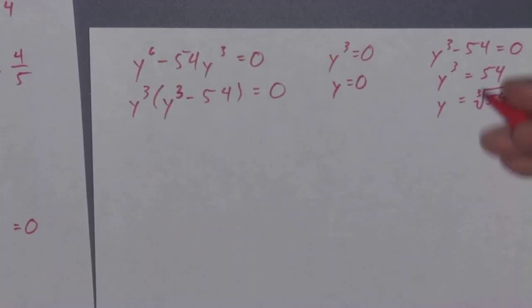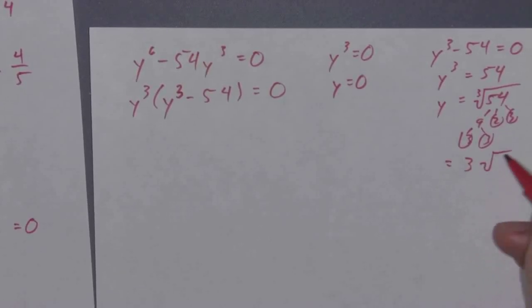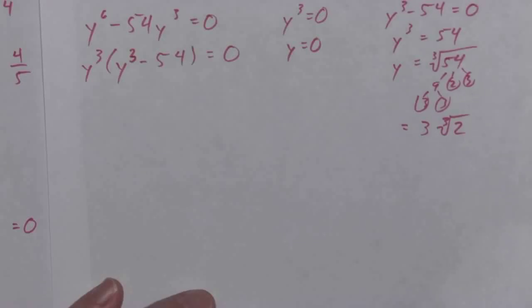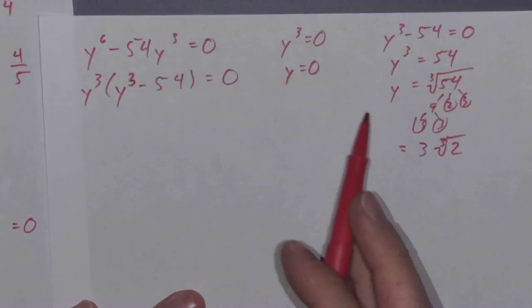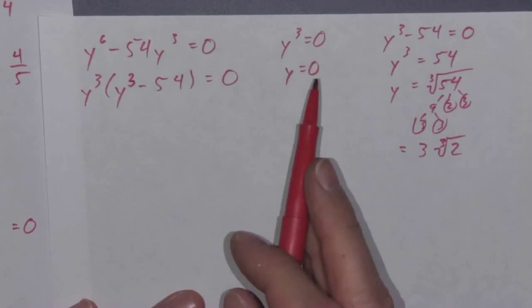What is 54? Inside the cube root is a 9 times 6. There's triple threes, 1, 2, 3, so it looks like we can take a 3 out and have a 2 left over. So it looks like there are two instances where my y-coordinate is actually going to have a vertical tangent line.